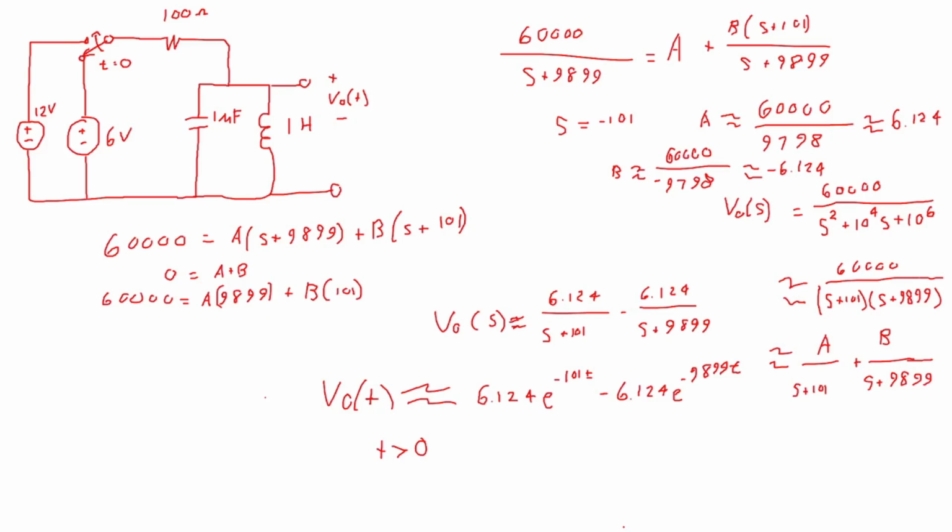The capacitor doesn't allow its voltage to change instantaneously either. So the inductor refuses to change its current. The capacitor refuses to change its voltage instantaneously. So V out of t is still 0 after the switch flip because the capacitor holds it at 0. But the current in the inductor is also held at 60 milliamperes by the inductor.